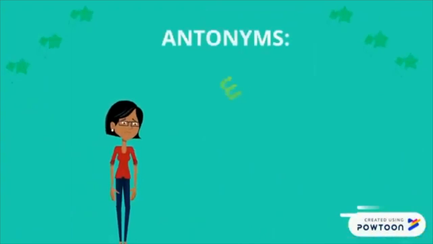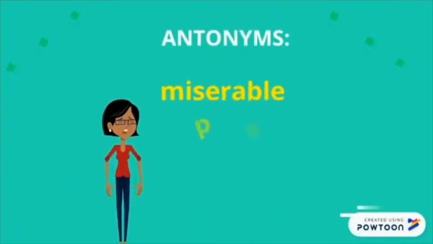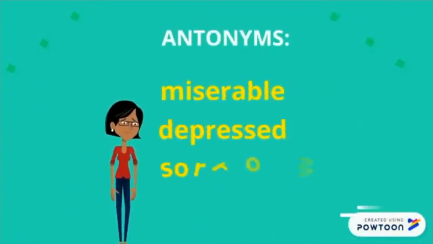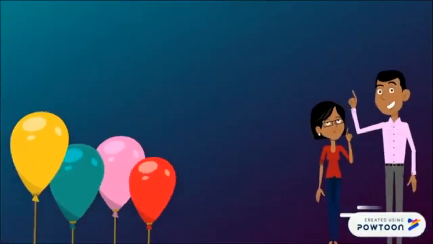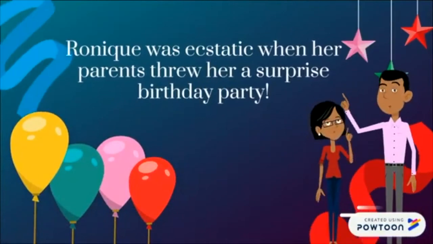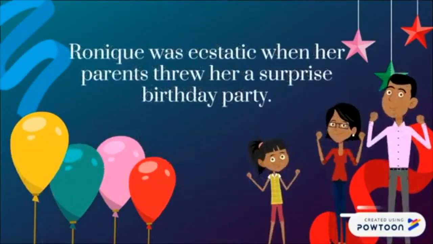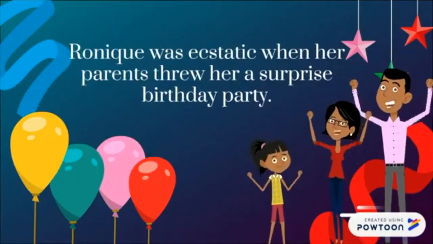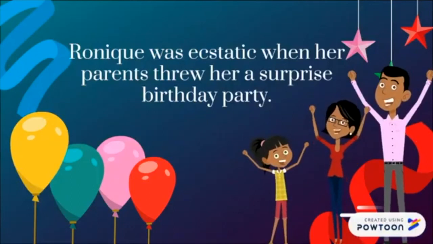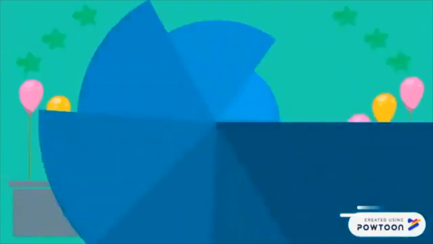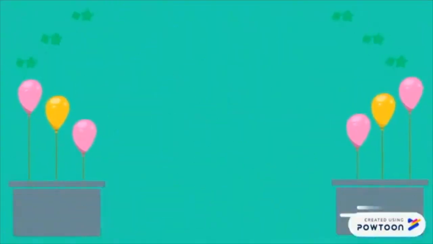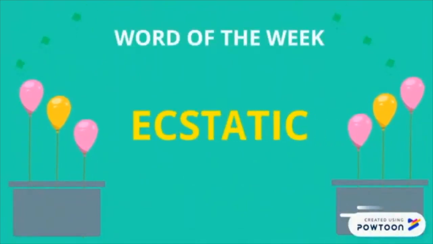Antonyms include miserable, depressed, sorrowful. Here's the word ecstatic being used in a sentence. Ronique was ecstatic when her parents threw her a surprise birthday party. Remember to use the word ecstatic in your speech and your writing this week.